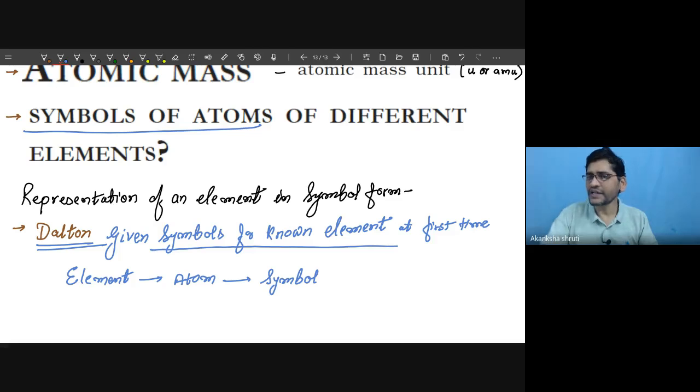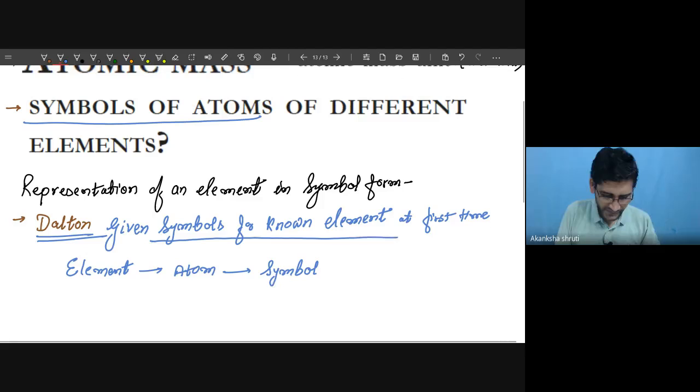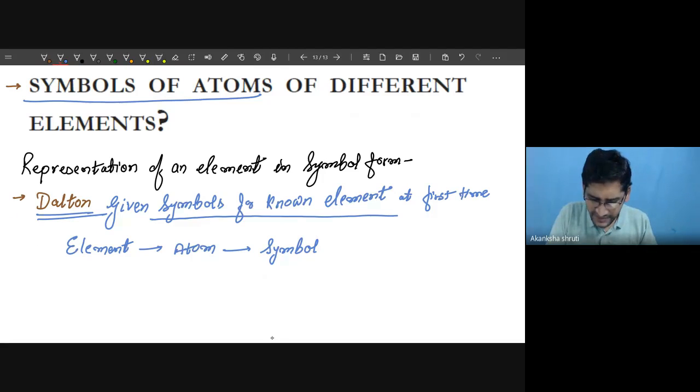He proposed certain symbols. So what are those symbols? Those things we are going to learn. Students, the symbol will represent that particular element, but how many atoms of that element? It will be only one atom of that element. It simply means that.